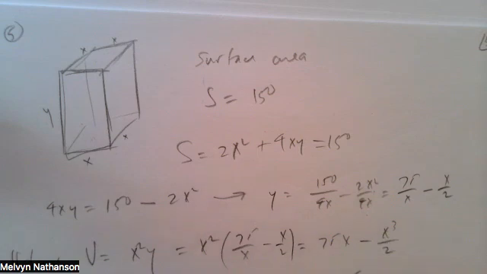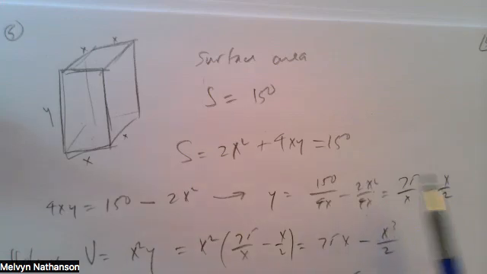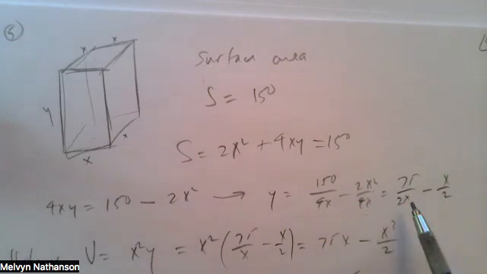Sorry, I'm going to differentiate this. This is 3x squared over 2. What did I do wrong here? Oh, this is 75 over, yeah, over 2x.